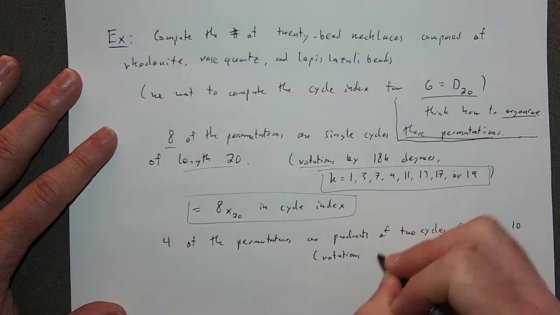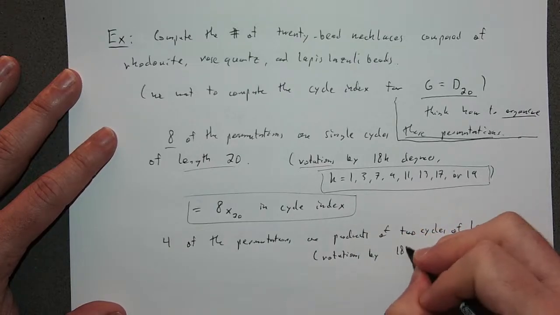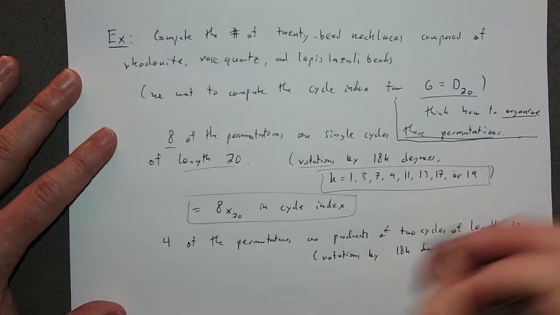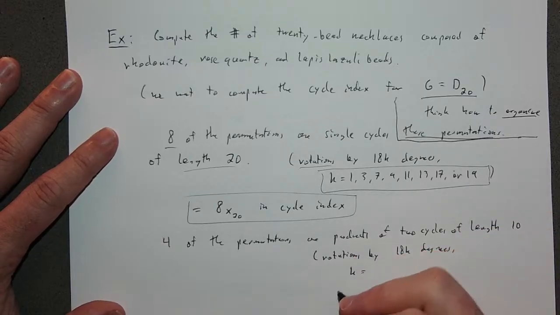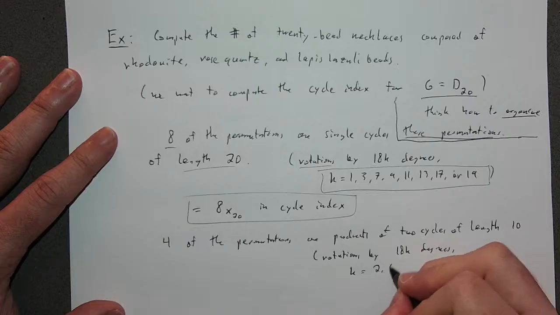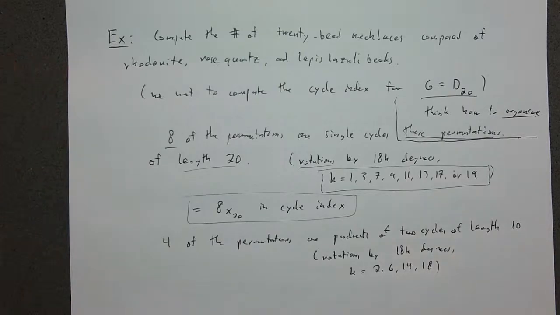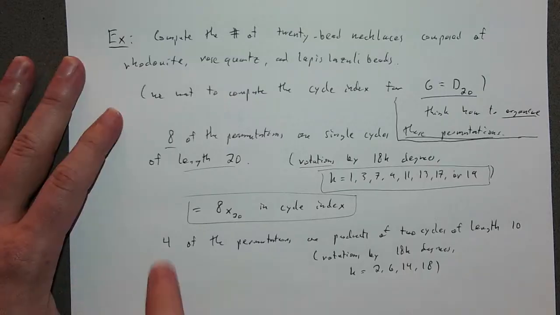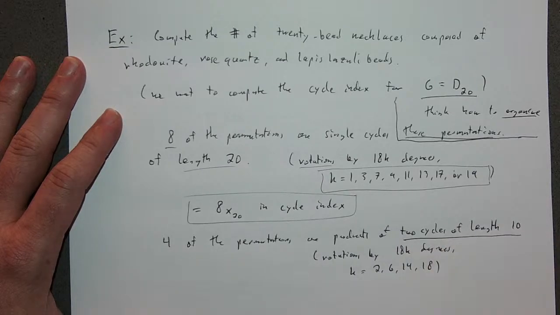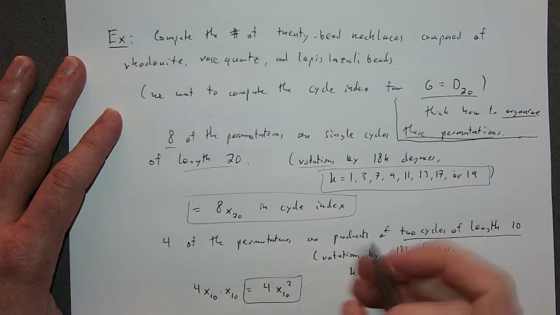These are rotations by 18k degrees, where k is 2, 6, 14, and 18. Since there's 4 of them, each 2 cycles of length 10, this would be 4 times x sub 10 times x sub 10, or 4 times x sub 10 squared in the cycle index.